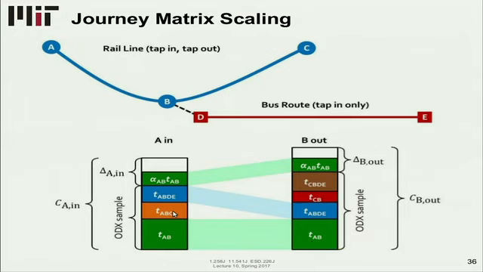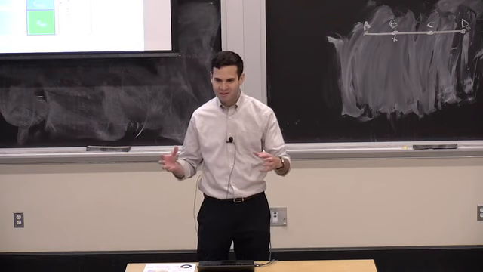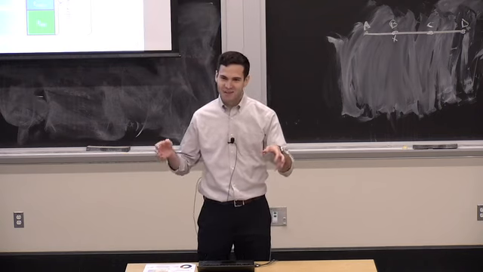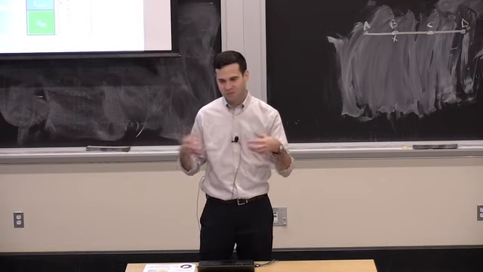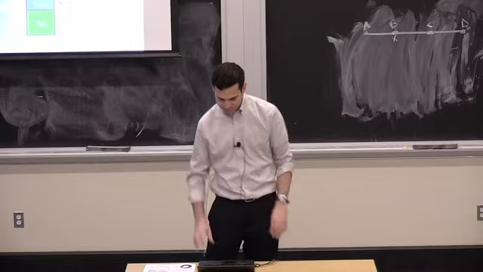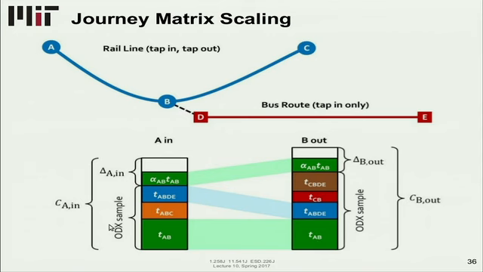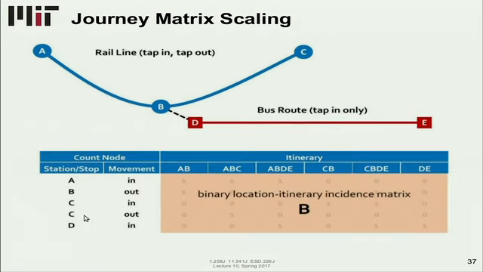Those are not included in the count of B out because they don't exit at B. And there are some new itineraries showing up at B out that are not in A in. So we want to somehow match the counts at all the places that are associated with each itinerary, and scale the demand so that the control totals are satisfied at all locations.